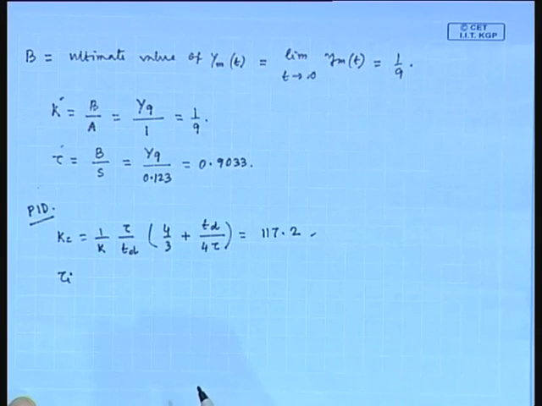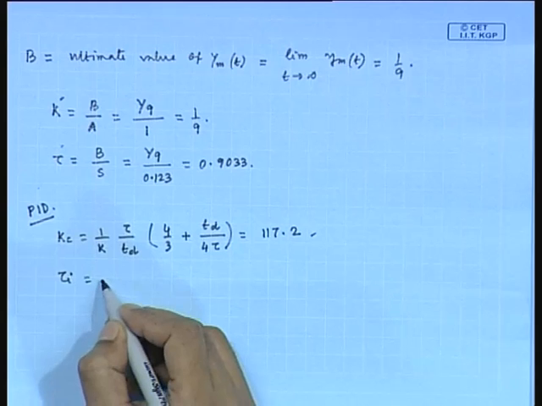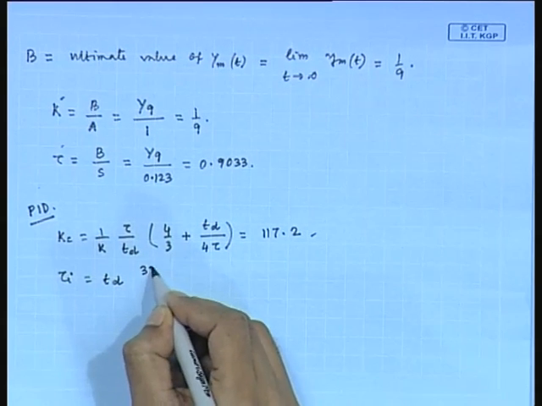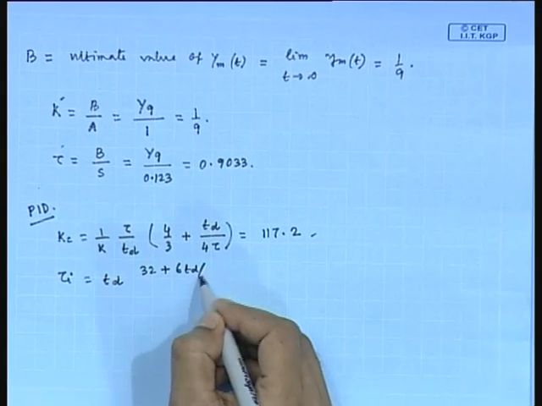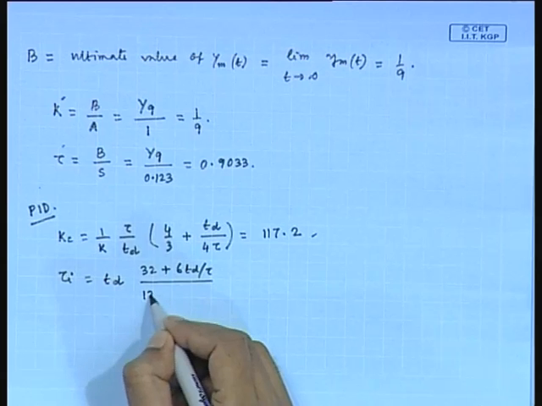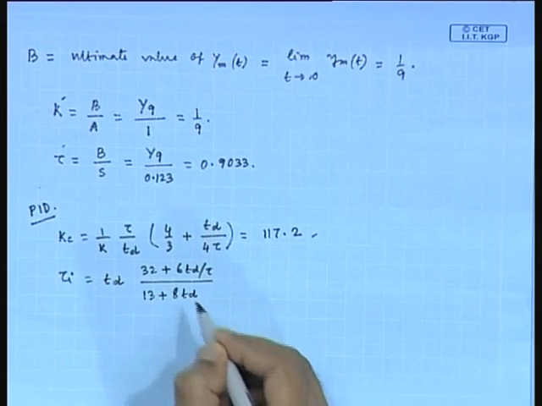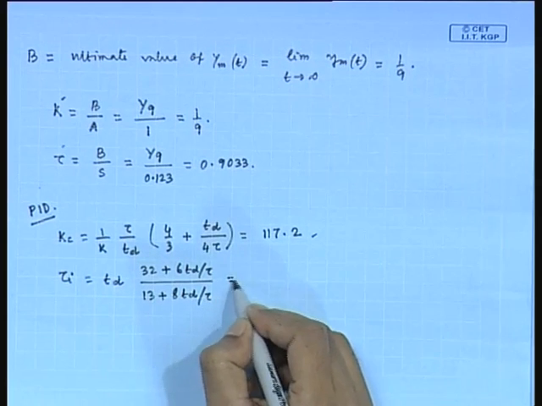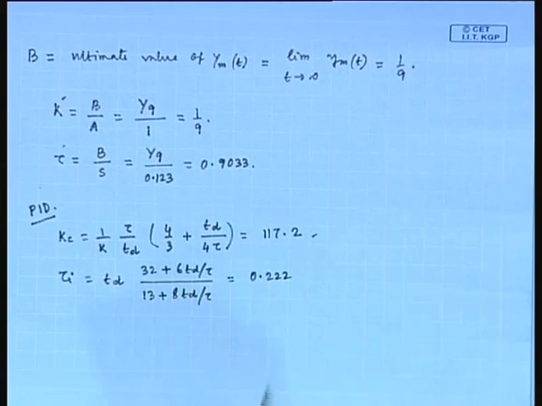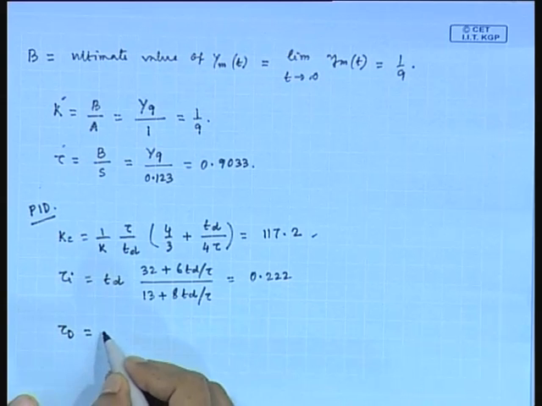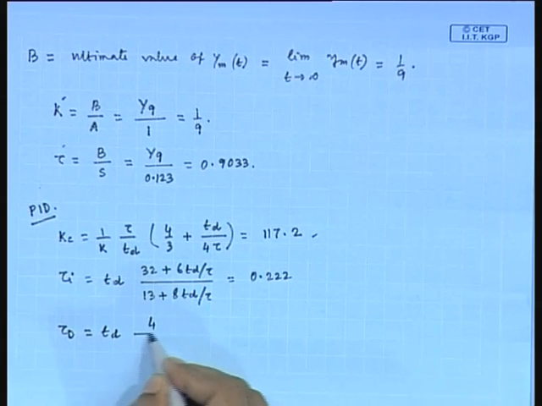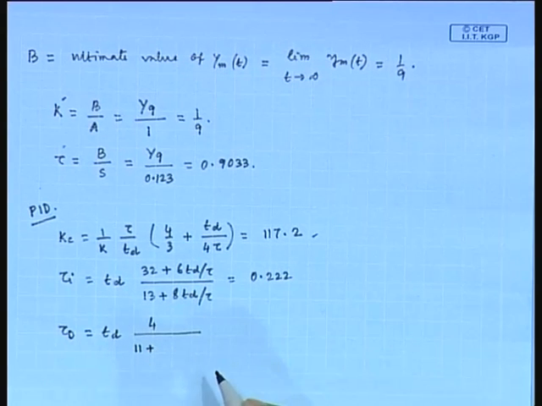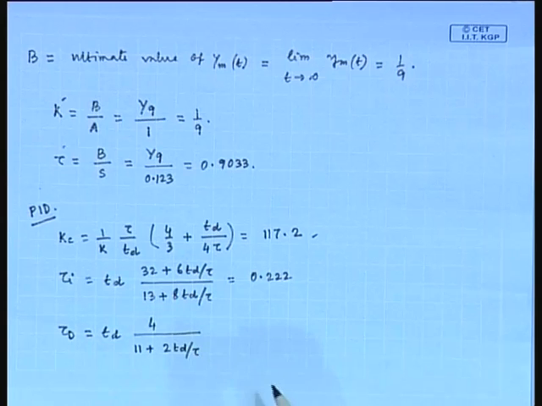Similarly, the expression for tau I has the form tau I equals Td (32 plus 6 Td by tau) divided by (13 plus 8 Td by tau), which is equal to 0.222, and the derivative time tau d equals Td times 4 divided by (11 plus 2 Td by tau).